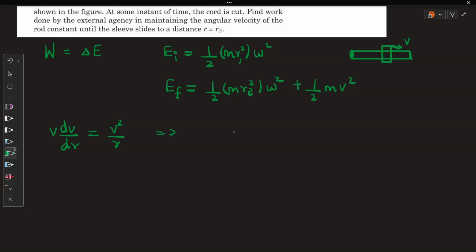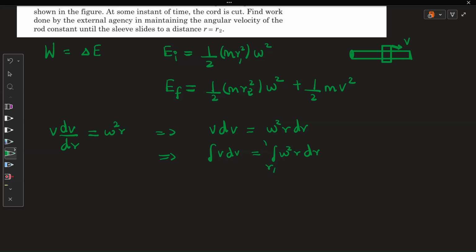Now v is changing, but omega is constant, so I can write omega square r. So v dv is omega square r dr. Upon integrating both sides, integral v dv is equal to integral of omega square r dr.